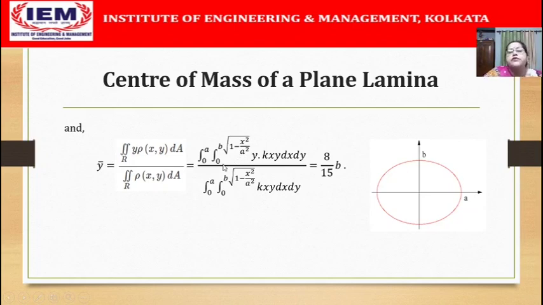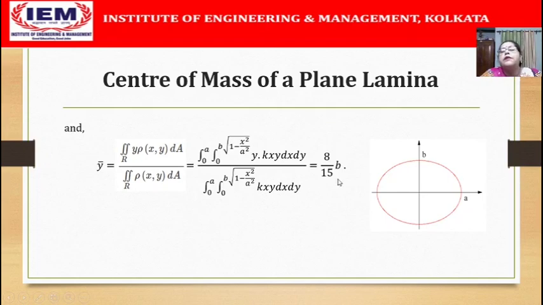So y varies from 0 to b root over 1 minus x squared by a square, and x varies from 0 to a. Of course, we would first evaluate the inner integral with respect to y and then the outer integral with respect to x. If we do all our calculations, the final answer is going to be 8 by 15b.